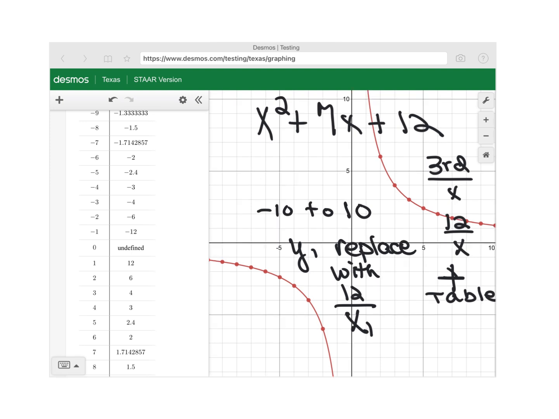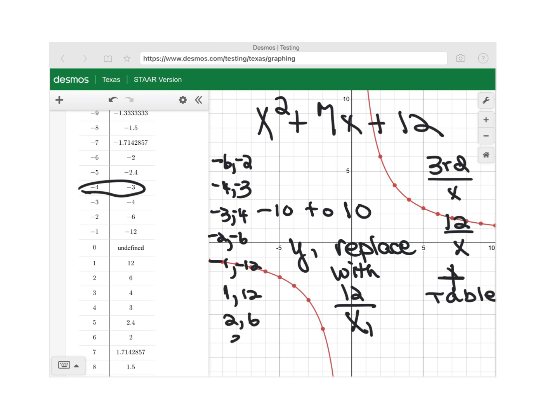Okay, so I'm just going to write that down. The next one that is not a fraction is -4 and -3. I have -3 and -4, -2 and -6, -1 and -12, 1 and 12, 2 and 6, 3 and 4, 4 and 3 is the same, and 6 and 2.